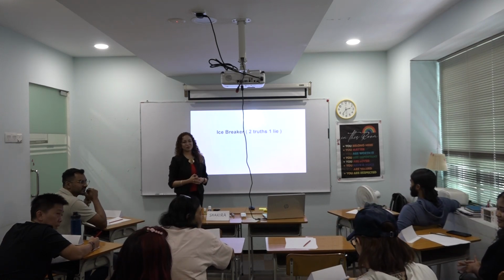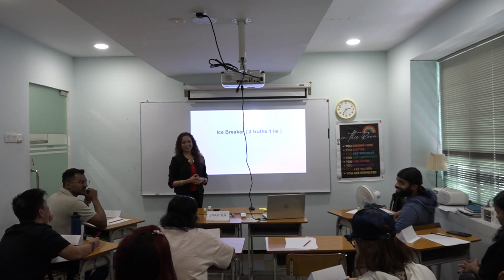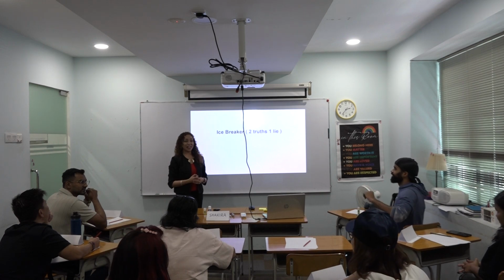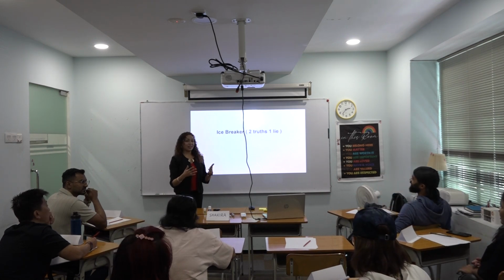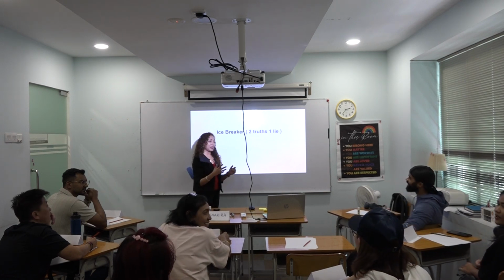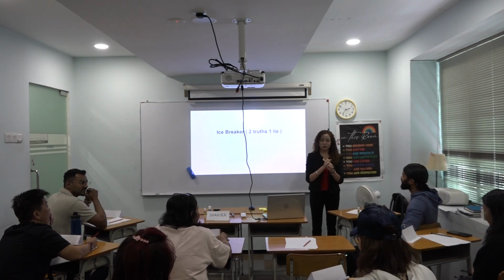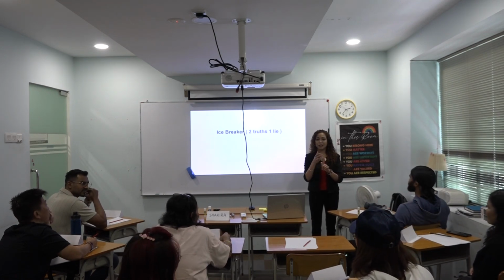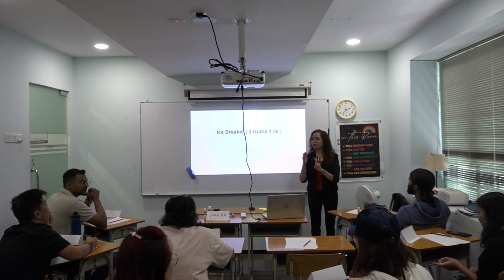All right, Zip. I'm good at swimming. That's one. The second one, I like spicy food. The third one, I'd rather stay home than go shopping. Which is the lie? She's good at swimming. The second one is I like spicy food.